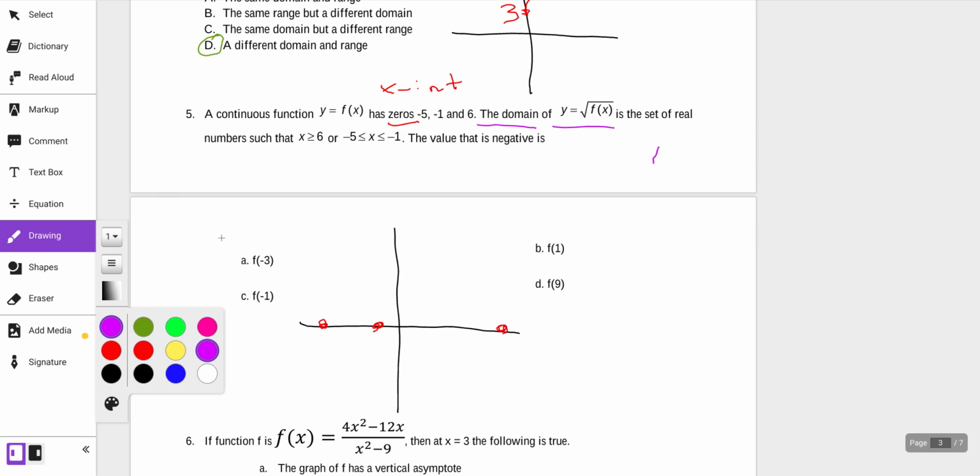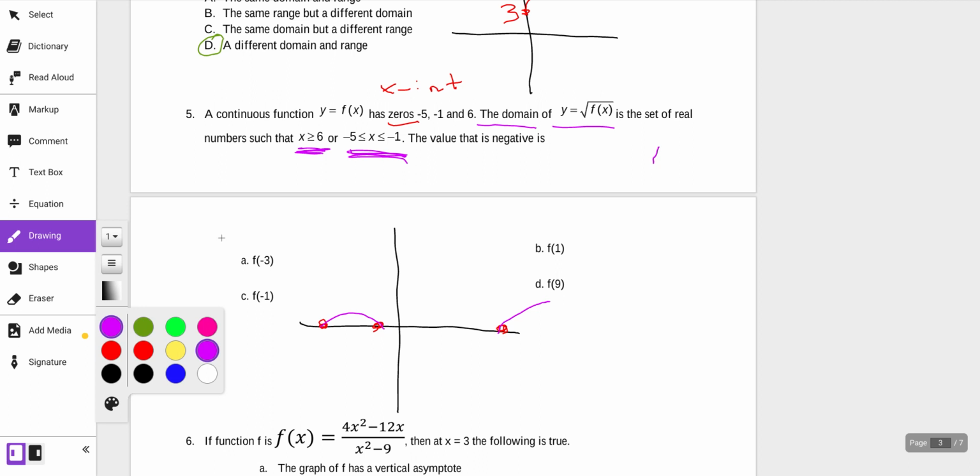They say that it could be anything bigger than 6, or in between -5 and -1. So in between here and here. Those purple spots are things that could exist if you square rooted the original function. That means the original function had to be positive in between those points.